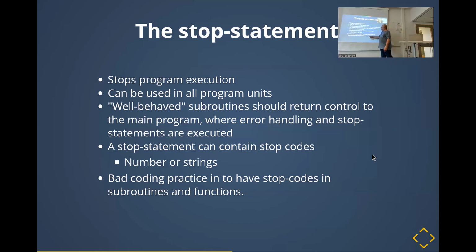You can also have stop statements with stop codes, numbers or strings that will return back to the operating system. I think code should not have stop statements in subroutines and functions. If you have an error condition in your subroutine, return back to the main program, handle the error there, and terminate in a somehow controlled fashion.